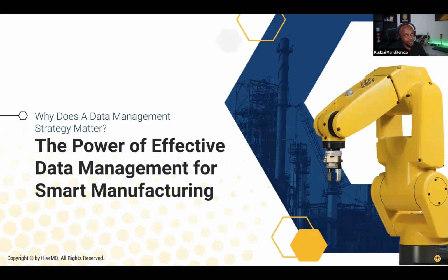A lot of times, what we see is that some companies, whenever they embark on smart manufacturing or digital transformation, start by just connecting applications together without really a data foundation. In some cases, they might see some successes initially because they're just getting data and visualizing the data within that confined environment.